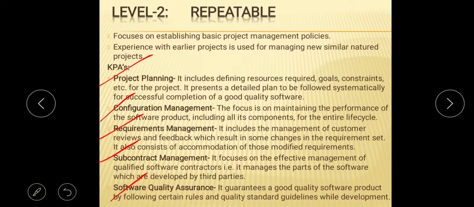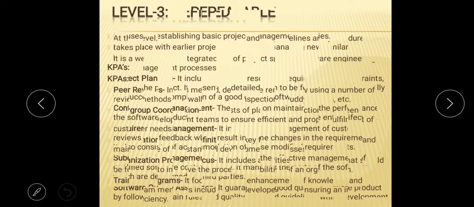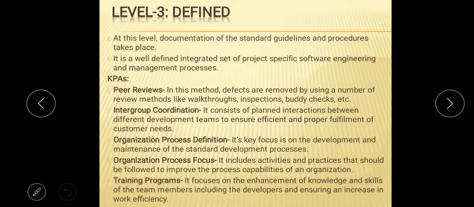So after level 2, we'll get level 3, and that is defined. At this level 3, documentation of the standard guidelines and procedures takes place. It is a well defined integrated setup, project specific software engineering and management processes.